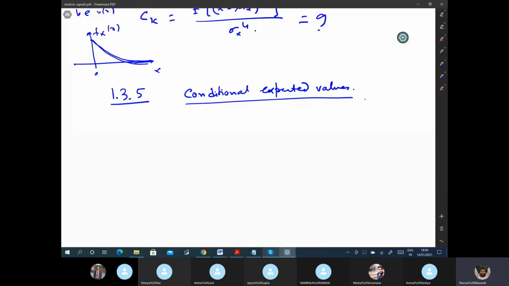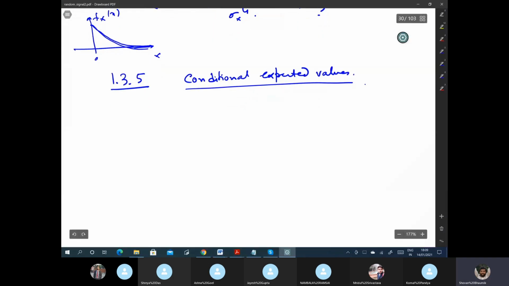How do you define a conditional expectation? Earlier the expectation of variable x was E of x. Now, conditioned on A, it is the integral from minus infinity to plus infinity of x times the conditional PDF f of x given A, dx. This is the conditional expectation.